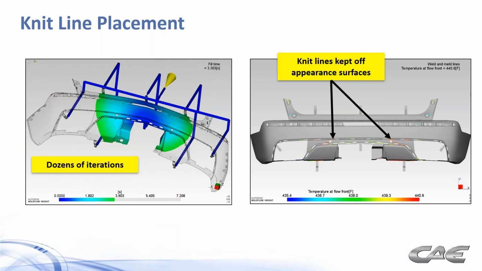Hard for me to answer that without actually looking at the results. Sounds very daunting. Obviously, you would definitely need very good venting on that tool because you're going to be pushing a lot of air out of there in a short period of time. So venting may come into play on that. But I would have to look at that a little bit more closely to give a better opinion. And again, a very good reason to be using MoldFlow.